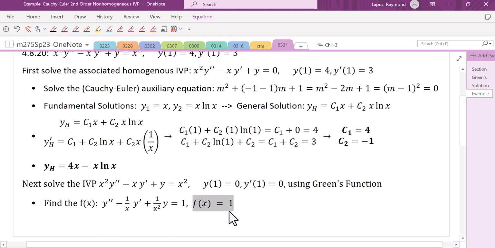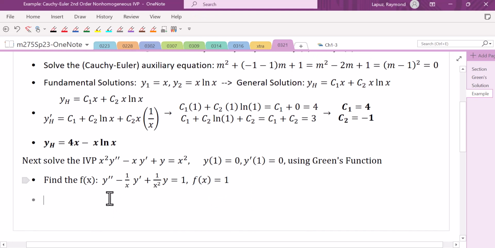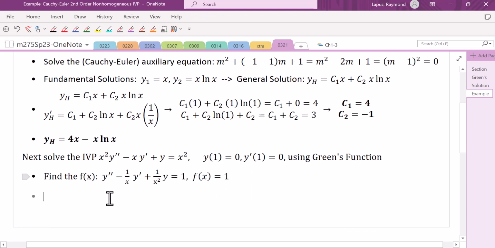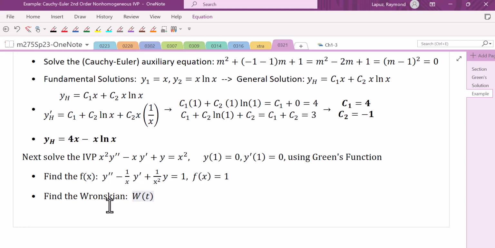Okay, so now that we know that, we can proceed with finding Green's function. We found our f of x. We need to next find the Wronskian. And the Wronskian, we usually want to write it as a function of t. So we'll write the y1 and y2 functions of t.